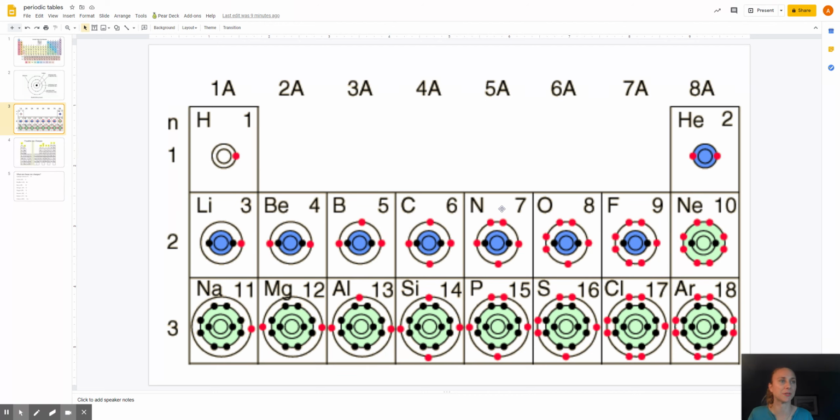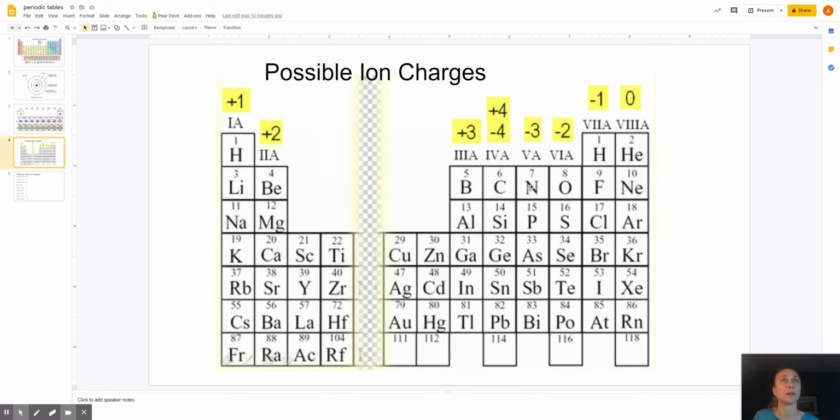Nitrogen is where we kind of tip the scales to closer to gaining electrons to look full and look like a noble gas. Or maybe it could share electrons too. But see, if nitrogen was going to become an ion, it would gain those 3, would gain 3 negative charges, so it would be more negative by 3, and it would have a total overall charge of -3.